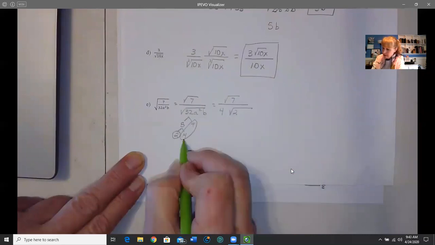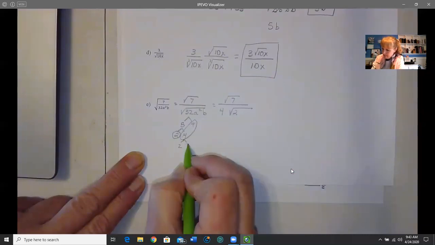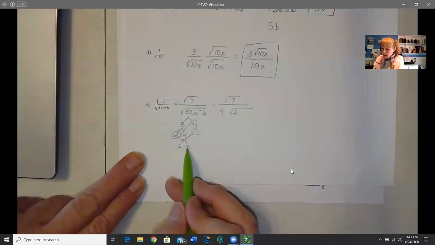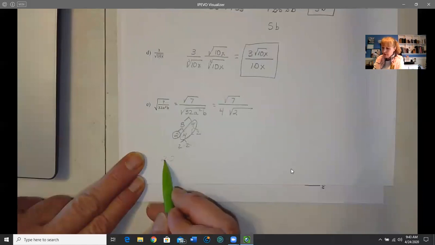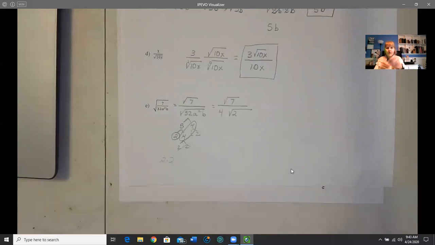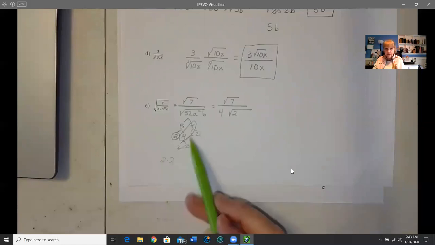Now, if you broke these down instead, these come out and these come out. So if you have a 2 come out and another 2 come out, you multiply them and you end up with a 4. So you can go further or just stop at the 4. Either way, you're going to get a 4. Just remember that what comes out, you multiply together.